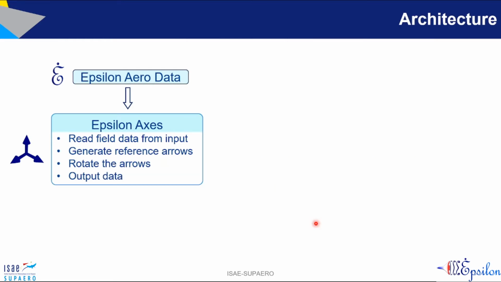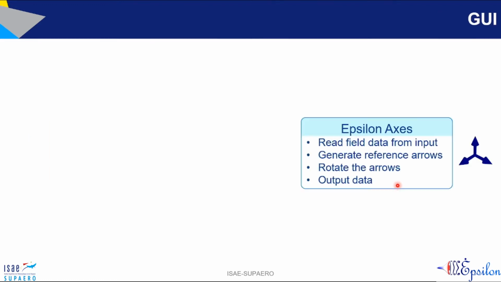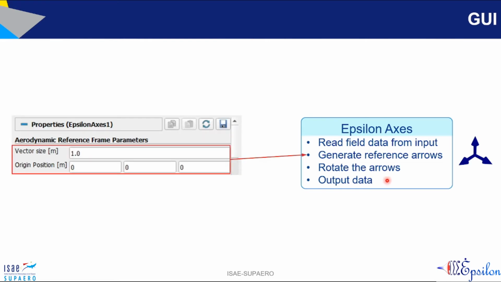And that's all. Once we generate the rotated reference system, the rotated arrows, we just output the data as VTK polydata. All the steps that I showed you before are integrated inside the interface. So let's see how to use it and how the interface works inside ParaView in the following example.